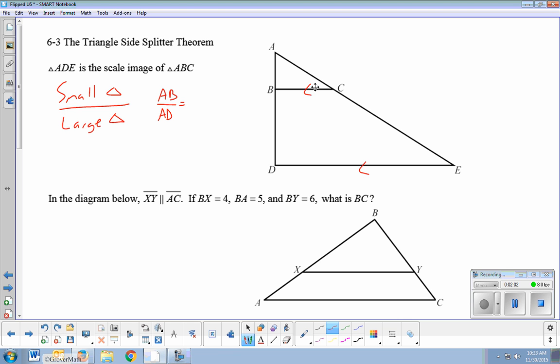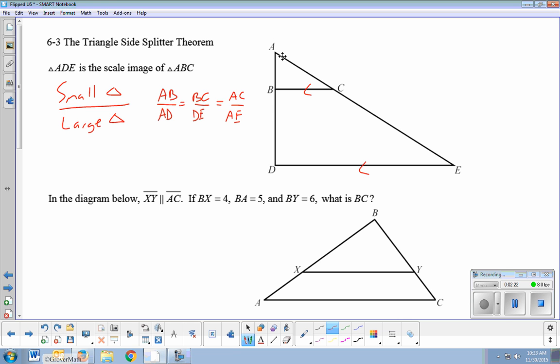Side BC for the small triangle corresponds to side DE for the large triangle. Side AC corresponds to side AE for the large triangle. So the sides are proportionate.